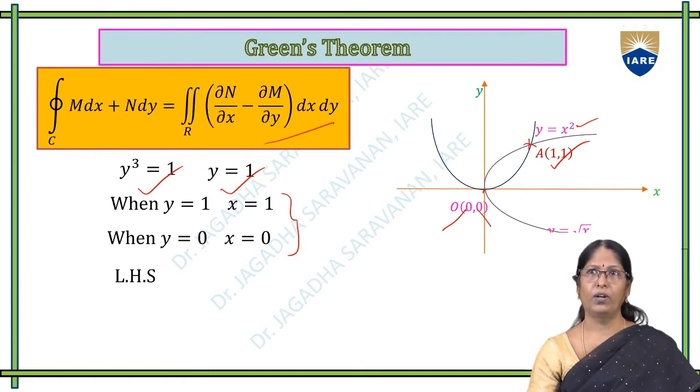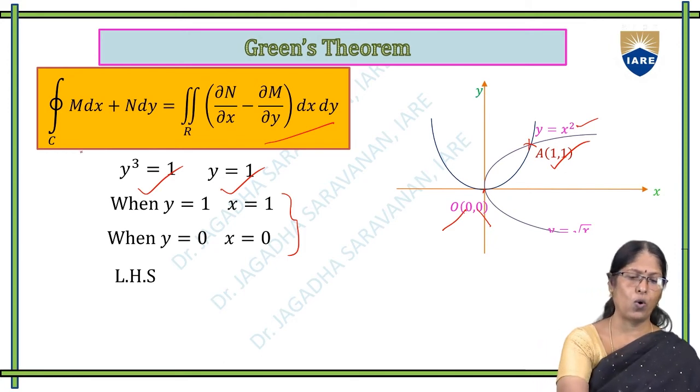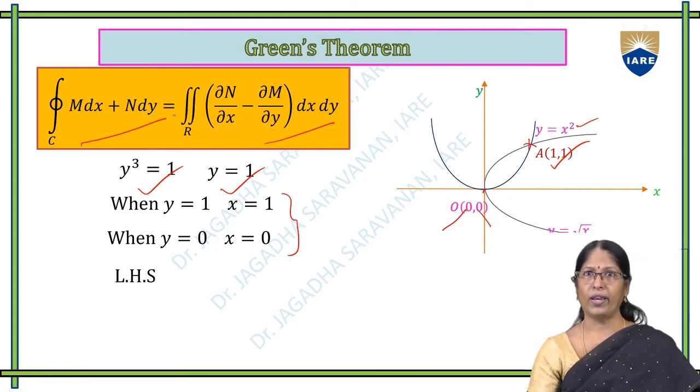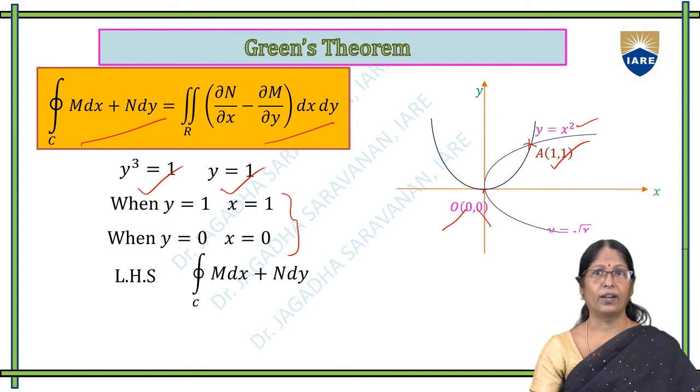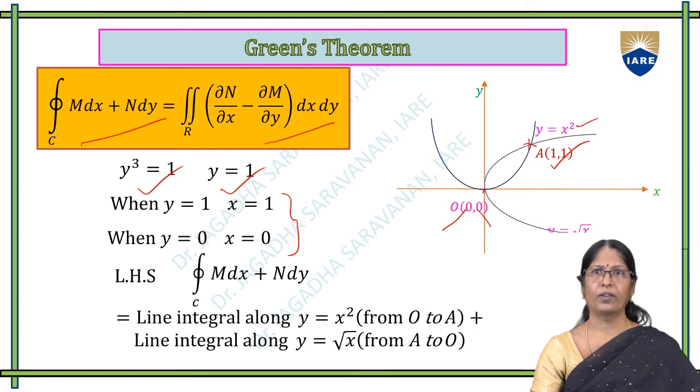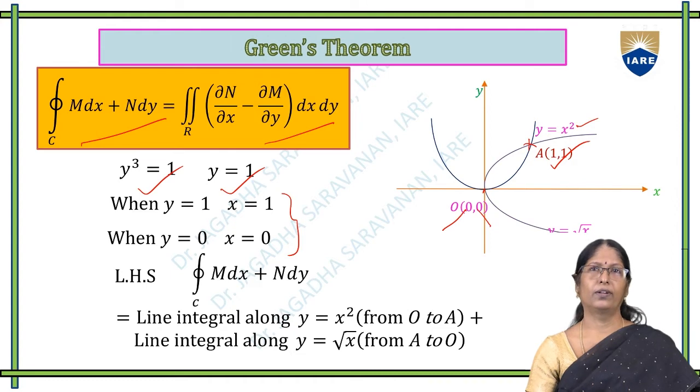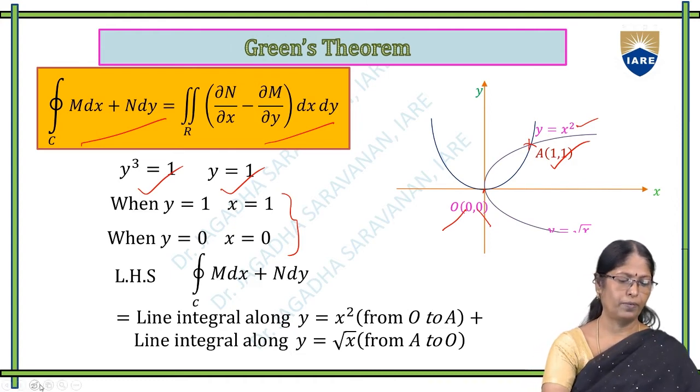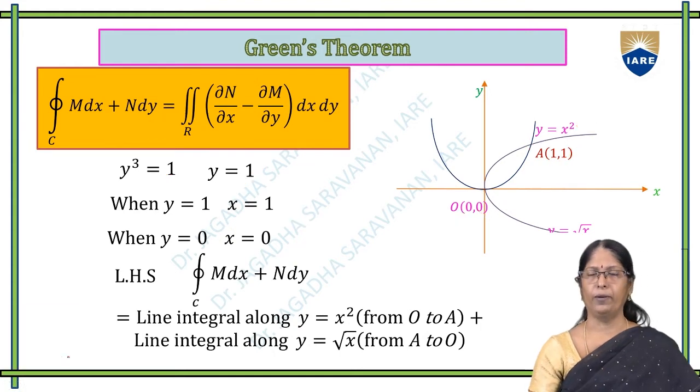Now, the right hand side of the equation we already completed just now and we got the result, 3 by 2. Now we are going to focus on the left side of Green's theorem formula, that is integral over C of M dx plus N dy, which we have to deal with carefully.